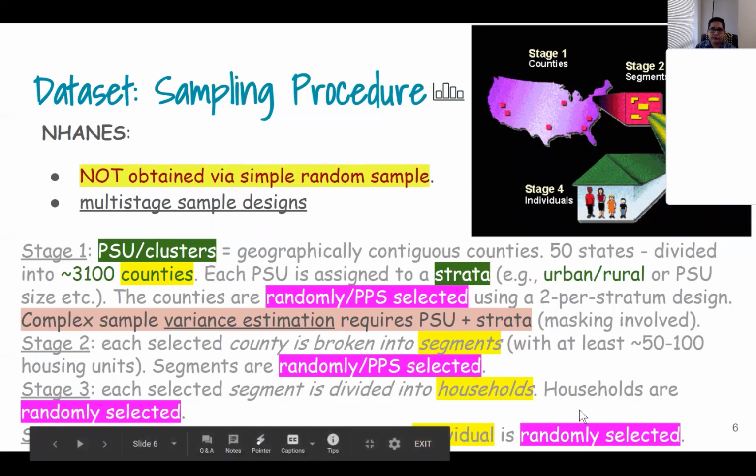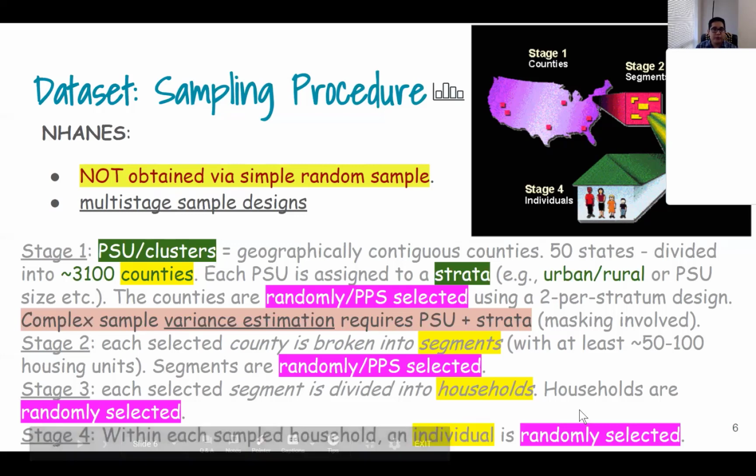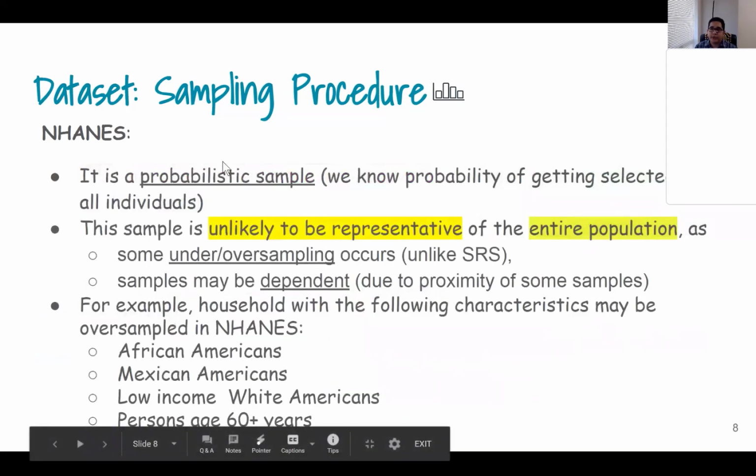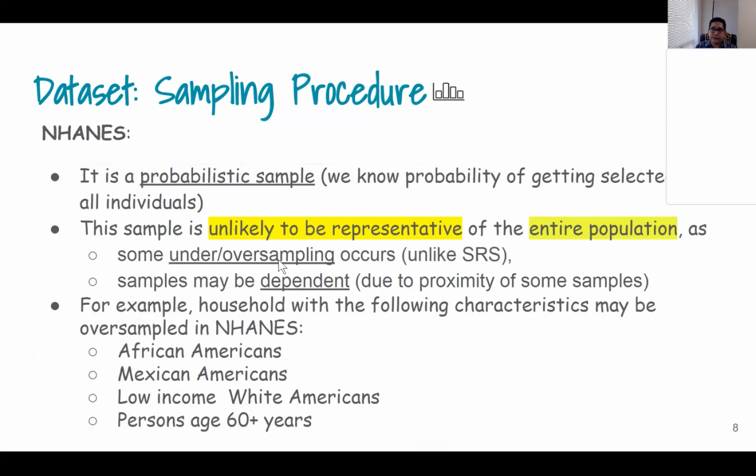So the people from the same cluster are having the same sort of experience because they are geographically living closely, right? So the sampling is not going to be independent in that case. The samples are going to be dependent, and we need to use these probabilities to deal with that unequal probabilities.